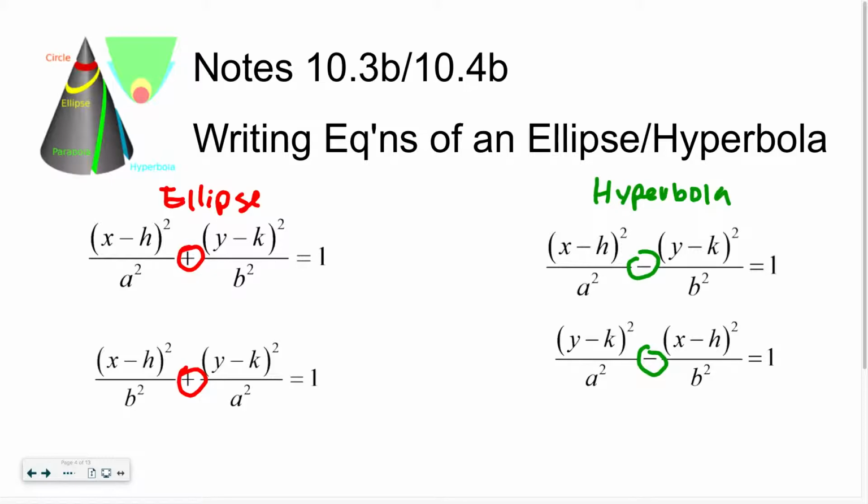Depending on the orientation of the hyperbola, the slope is either going to be a over b or b over a. It depends on whether the hyperbola opens up or down, or left or right. I'm going to do an example with the asymptotes to talk about that. All the things we've talked about with ellipses and hyperbolas, we can put together and use to write equations.